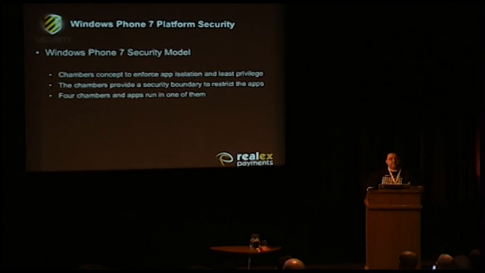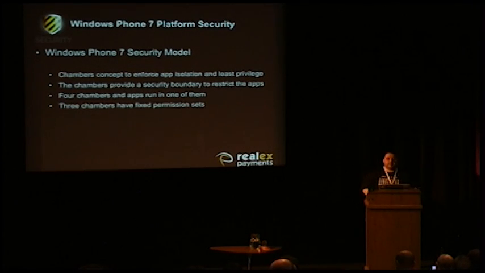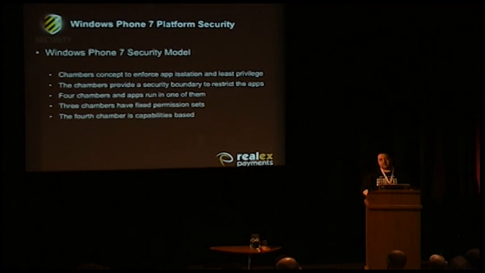But basically, there are 4 chambers, and we're going to look at one in more detail. There are 3 chambers that have what they call a fixed permission set. So, things like where the kernel runs, its chamber has a fixed permission set. It can do X amount of things. Fine, we'll touch on those briefly. But the one that I find most interesting, because this is where most of our code is going to run, is the 4th chamber, which Microsoft say is capabilities based.